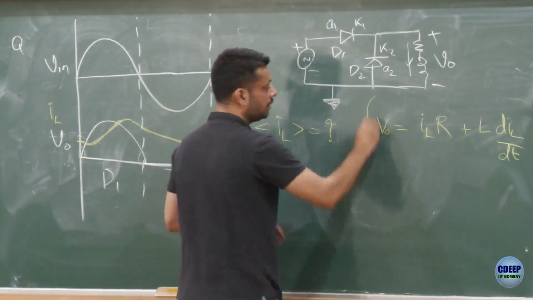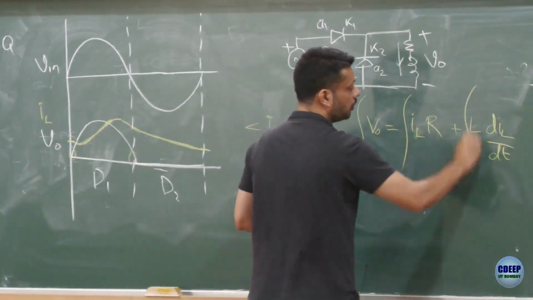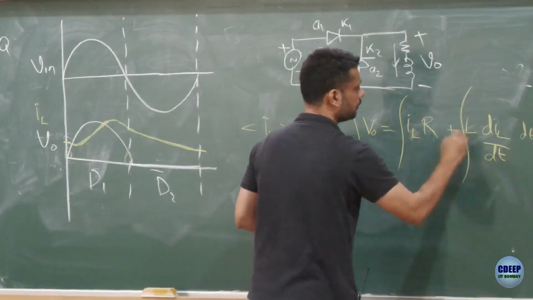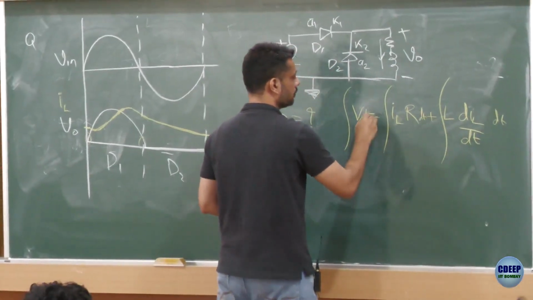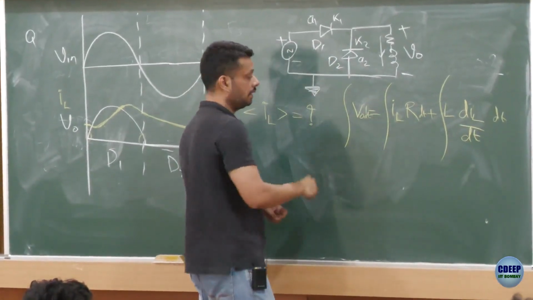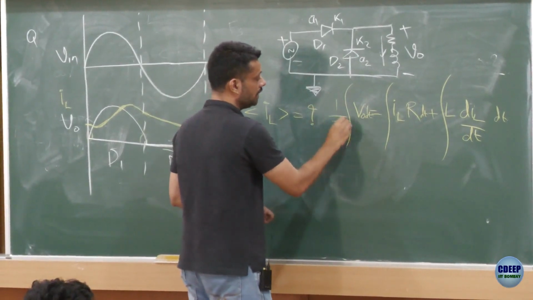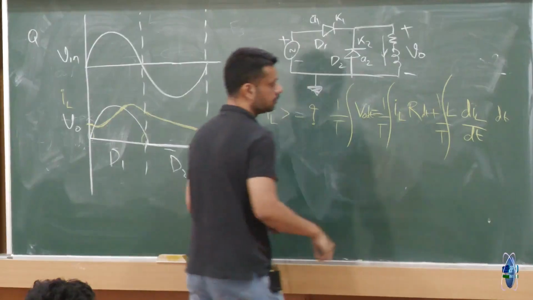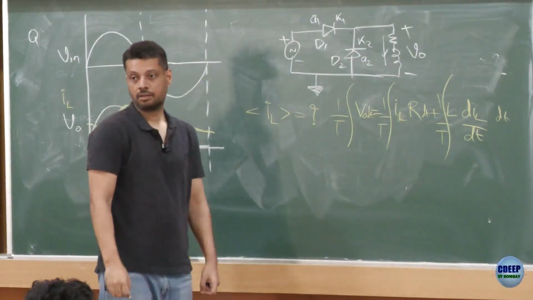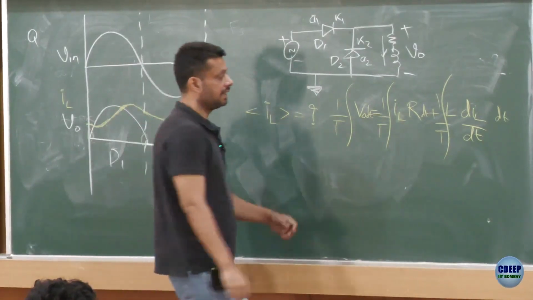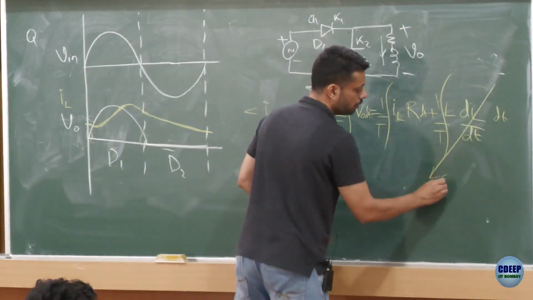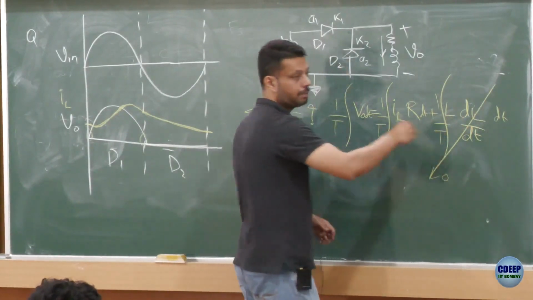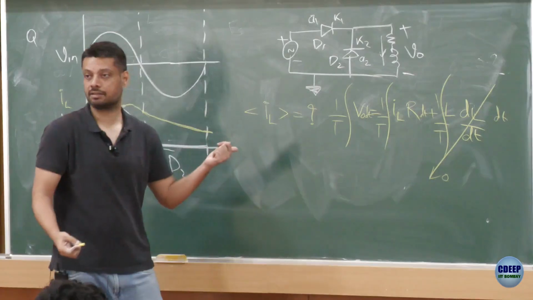Take the integral dt of all three, and 1 upon total T, 1 upon total T, 1 upon total T. Correct. So if you are in steady state, the last integral will be equal to 0 because the starting inductor current will be same as the ending inductor current, right?